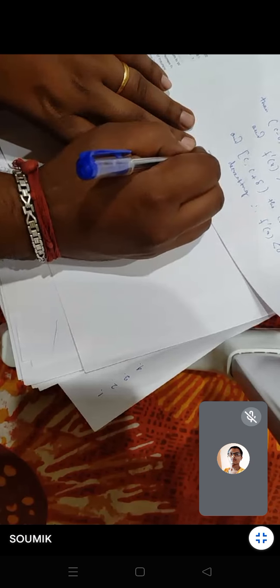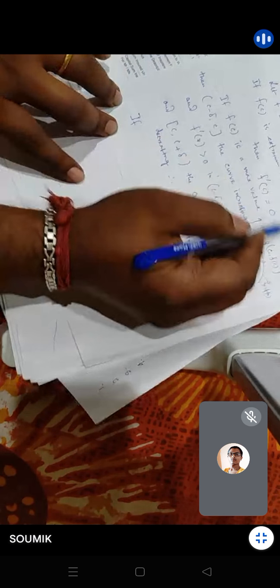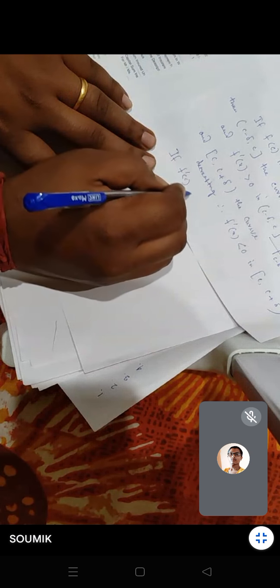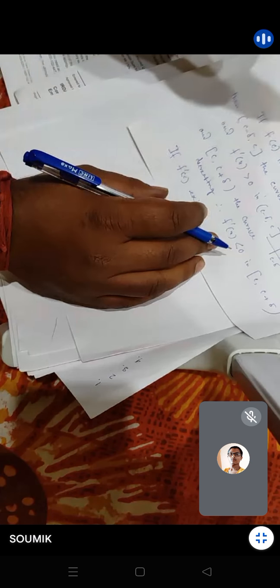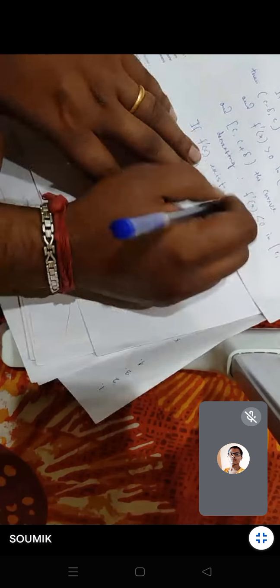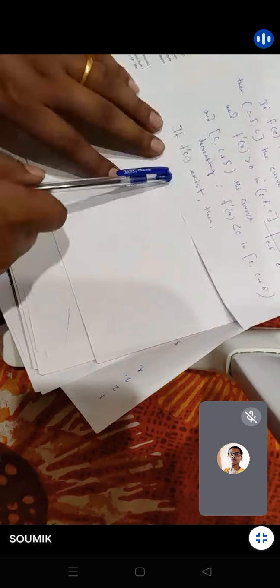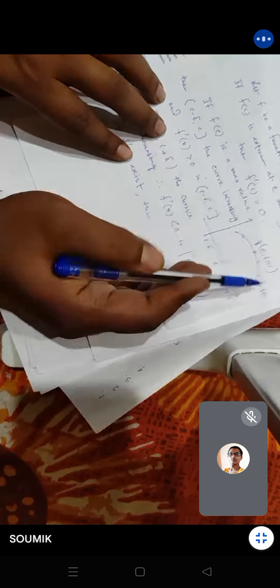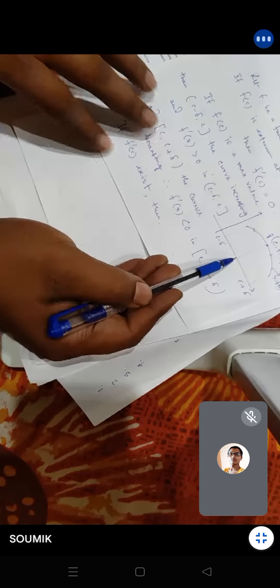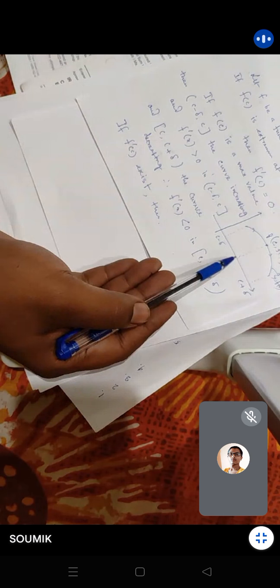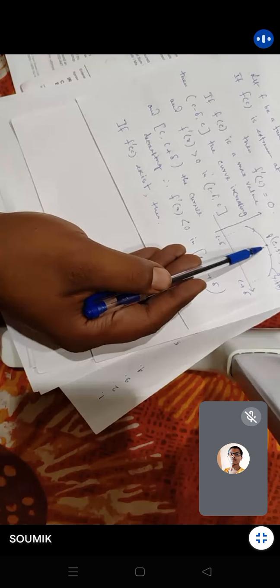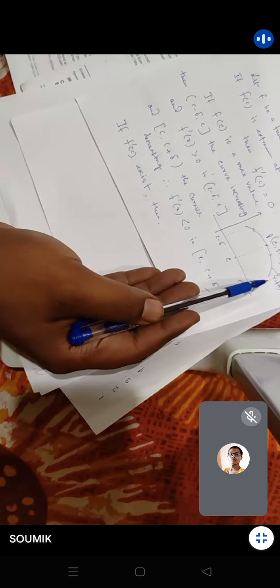And the condition is, if f'(c) exists, then what happened? f'(x) is positive on the left side of c, that means this is the increasing curve, and from c to c plus delta, f'(x) is negative.